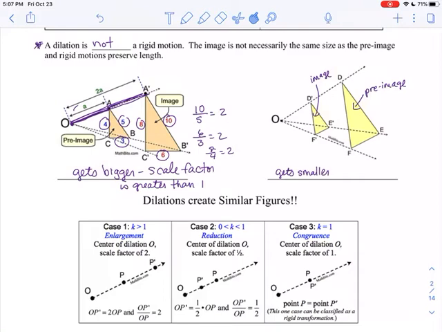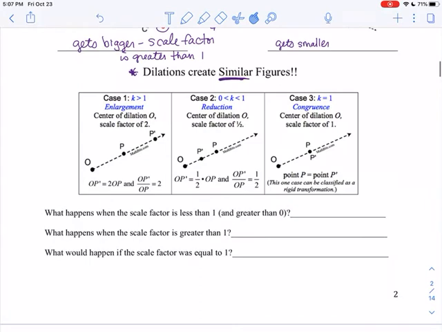I have that written down below as well. If it gets smaller, that scale factor is going to be a fraction, a number that is less than 1 but greater than 0. This is important. Dilations create similar figures. They'll be the same shape, but not necessarily the same size.